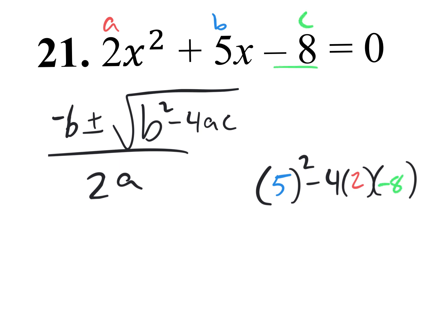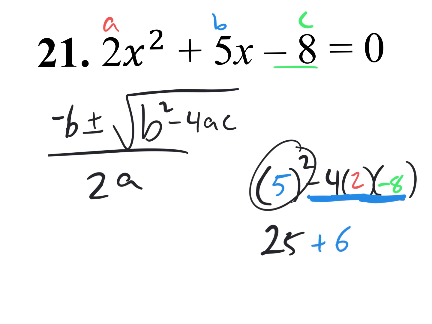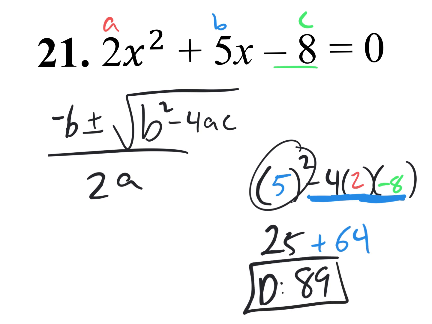Doing the math here, 5 squared is 25. -4 times 2 is -8, times -8 is +64. And of course, the calculator could do all this work for you. That would be 89. So the discriminant is 89, and it's positive.